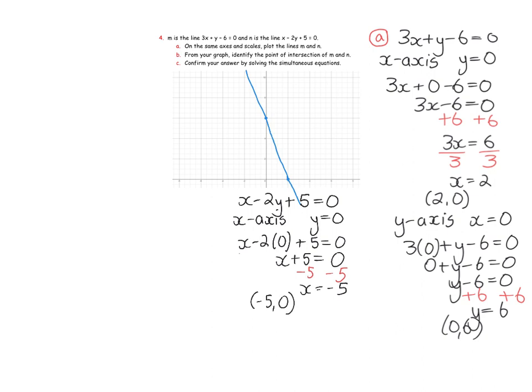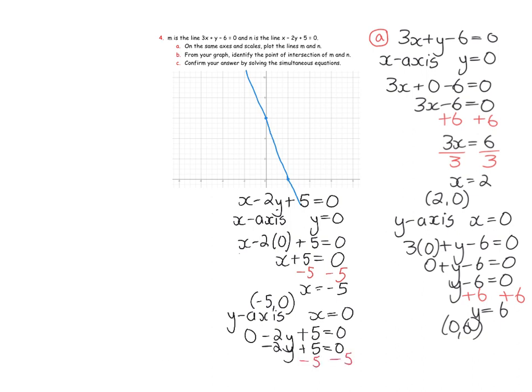Then we can figure out where it crosses the y-axis. And when it crosses the y-axis, we know that x is equal to 0. So here we'll be left with 0 - 2y + 5 = 0, which will give us -2y + 5 = 0. We can take 5 from both sides.